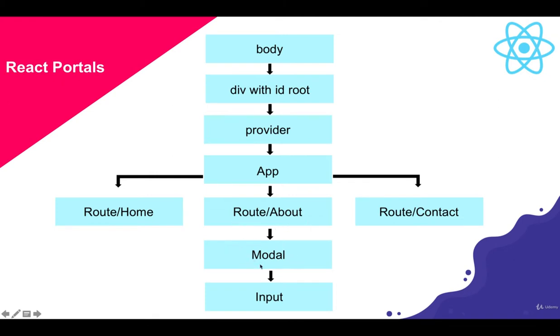And we're going to create a modal component inside this about route, and then maybe some input or button inside of that modal. So just as we see right here in any React application, all of our elements are nested inside of that div with the ID of root, and that is a normal operation of React.